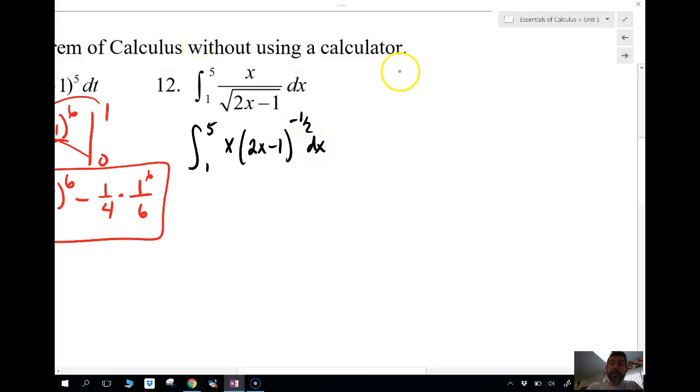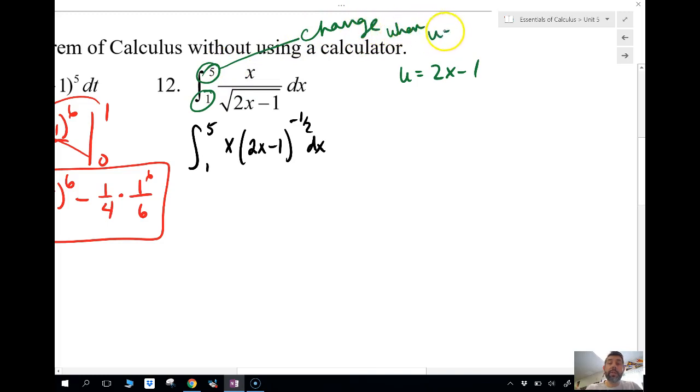On the side here, I'm going to do some u substitution. So u is going to be equal to 2x minus 1. So u plus 1. So then this is the other thing you have to do. You have to change your limits when we do u substitution.